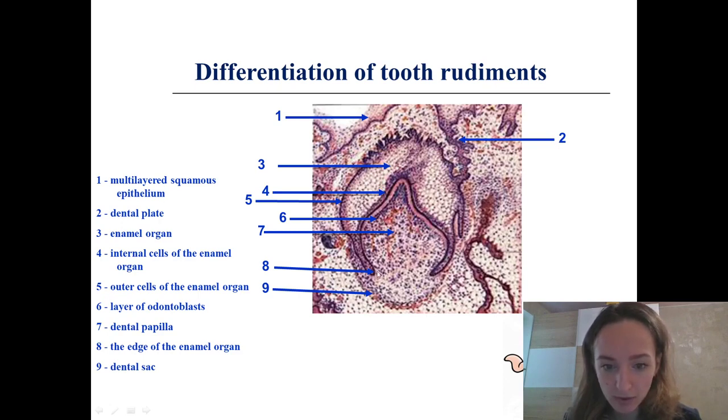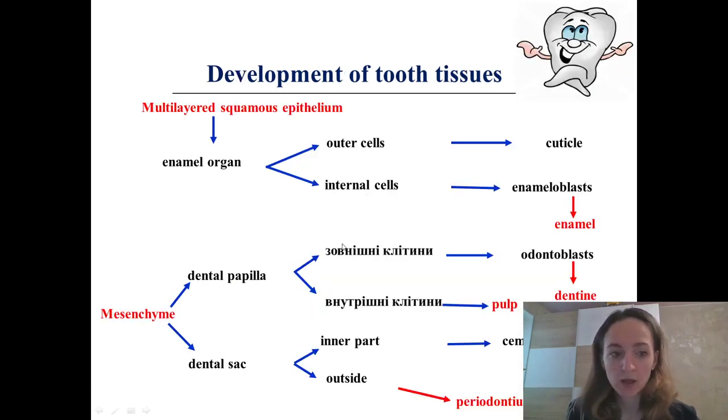Then dental papilla, the edge of enamel organ, and dental sac. And of course, the next table is also development of tooth tissues.